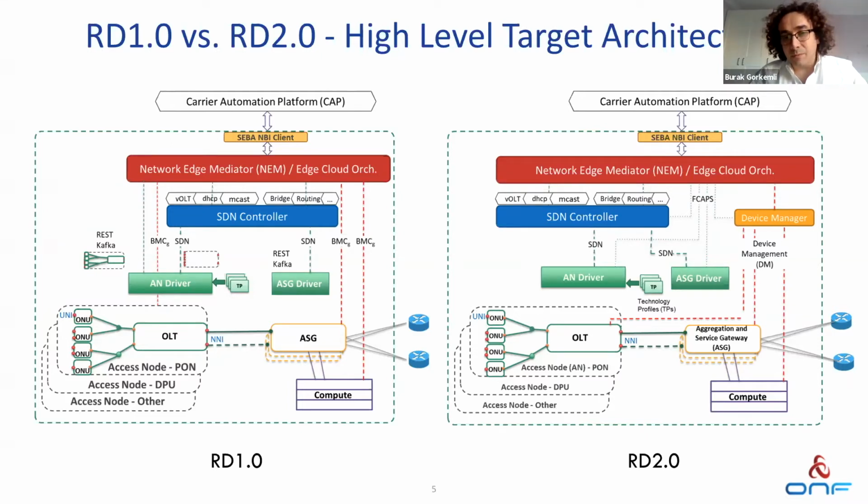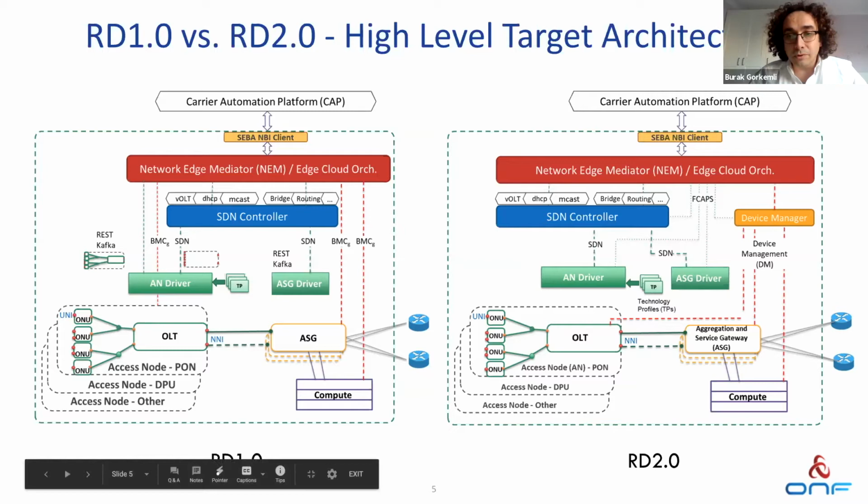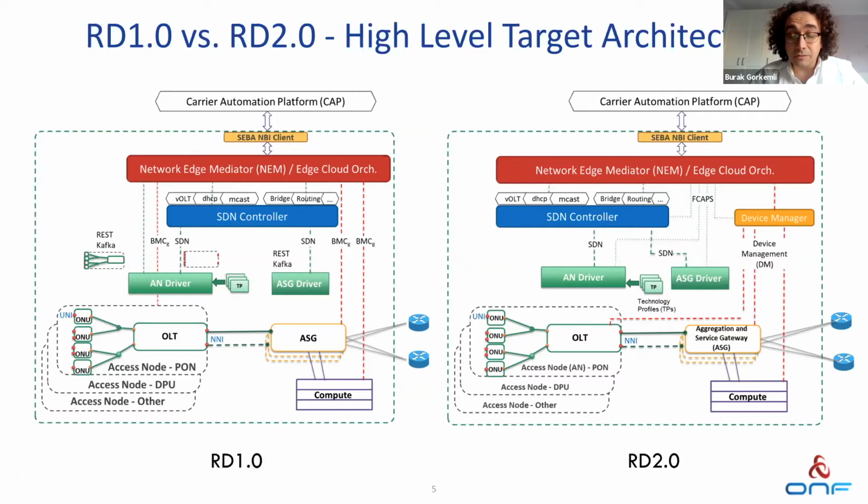The most important thing you can notice in Reference Design 2.0 is the introduction of the device manager component, which deals with the management of the devices and the monitoring and configuration, which is not specific to the access technology. Also, we tried to highlight the FCAPS interfaces, which were actually there in the previous architecture, but we want to highlight them and make them more visible. So we can continue with the next.